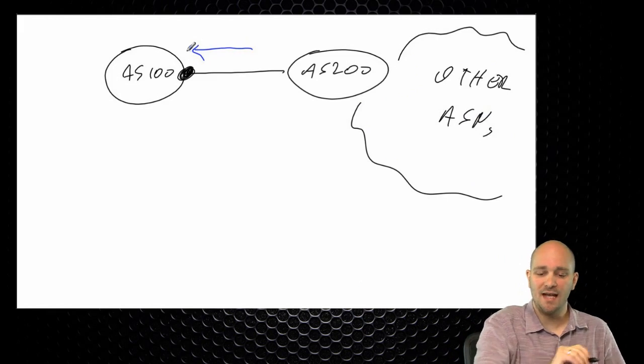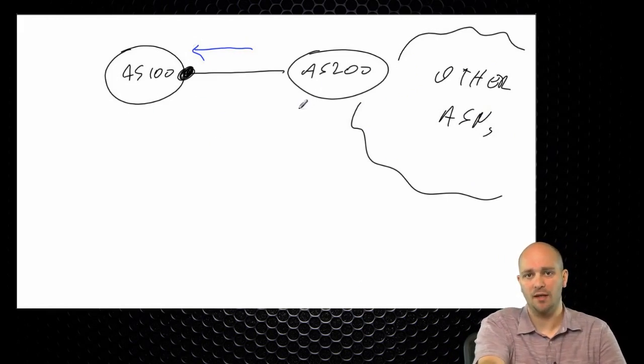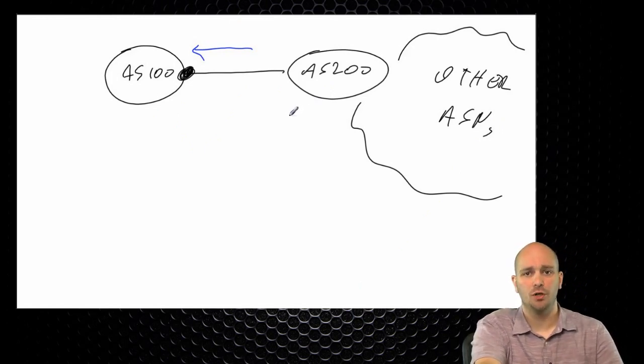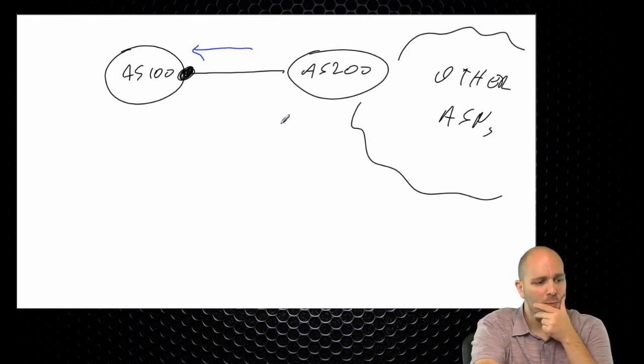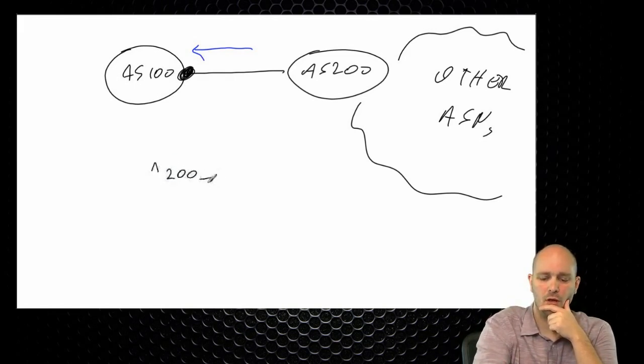Now, the task here says make sure that you allow the traffic coming in from AS200, and AS200 may be allowed to prepend. Okay, so how am I going to solve that particular task? So I can say something like, okay, I'm going to allow the routes that are coming from AS200, but how do I know if they are prepending? Okay, so let's do this.